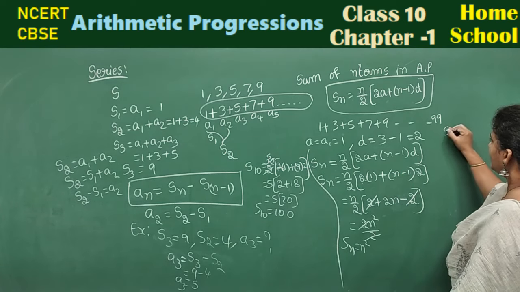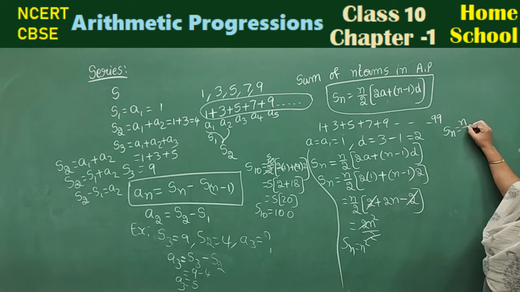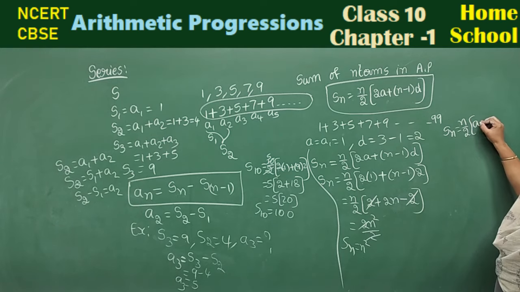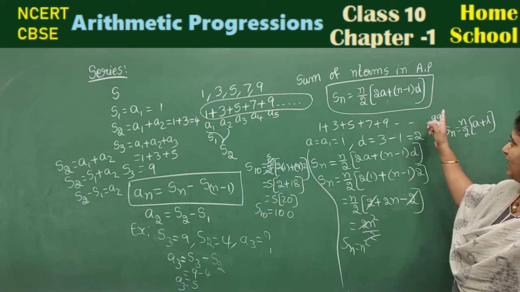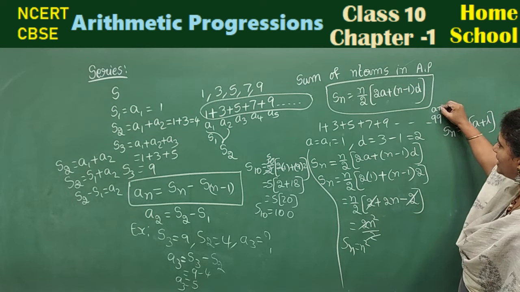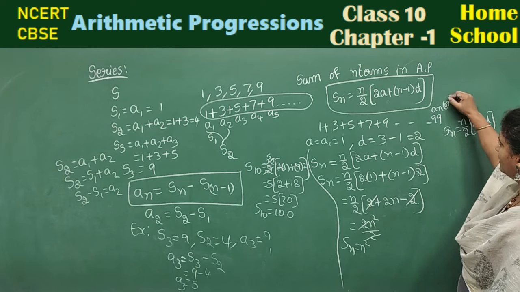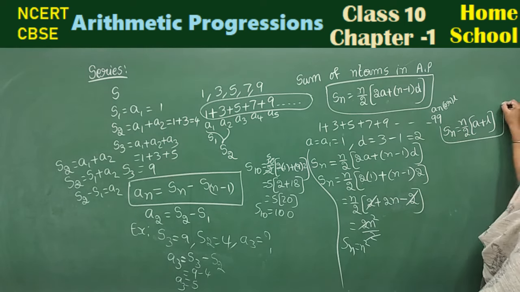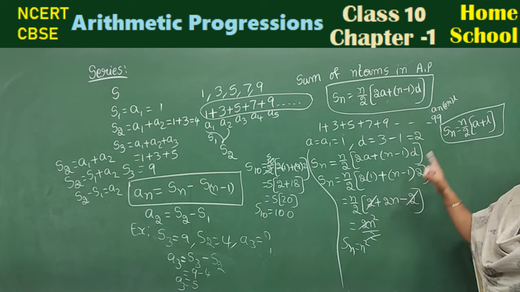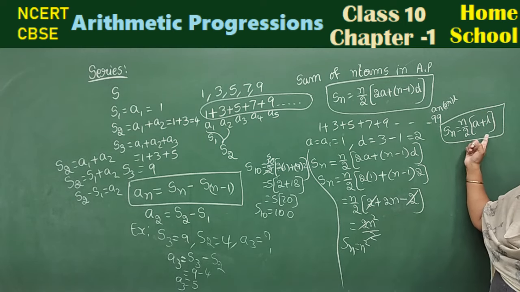That is Sn is equal to n by 2 into (a plus l). It is very simple. I call this last number an or l. So use this formula, this formula is also important: Sn is equal to n by 2 into (a plus l).